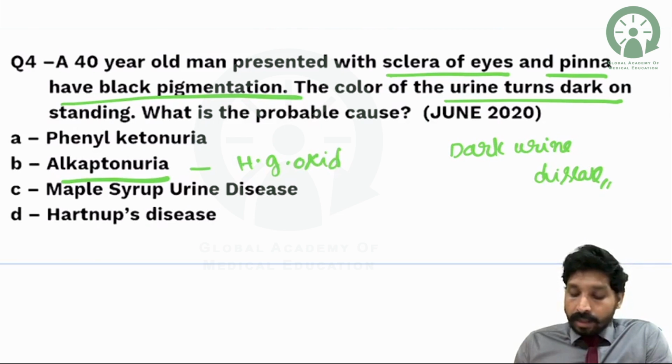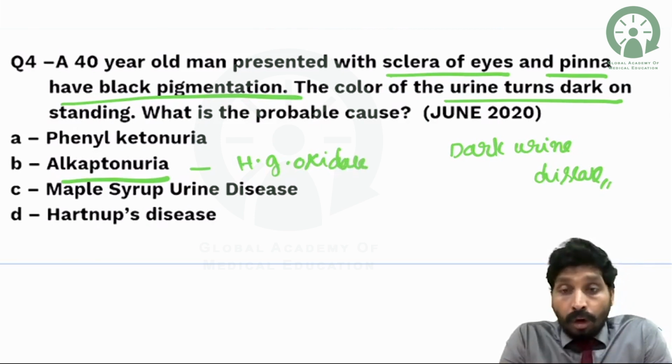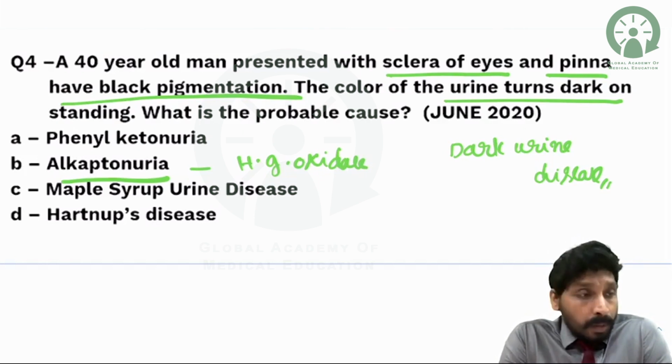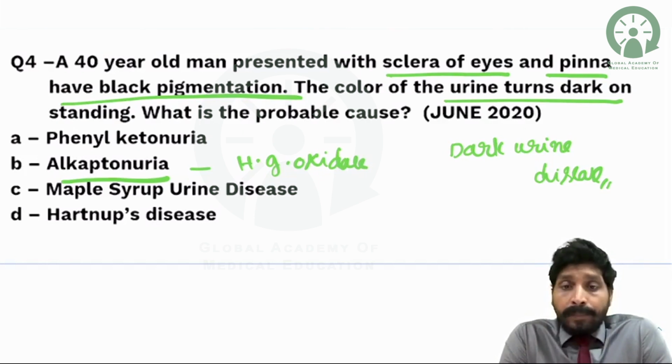Inborn errors are another favorite topic for the FMG exam, that is, inborn errors of protein metabolism, especially phenylalanine inborn errors, and others like tryptophan metabolism. Phenylketonuria has a mousy odor. It doesn't have characteristic features like dark urine.